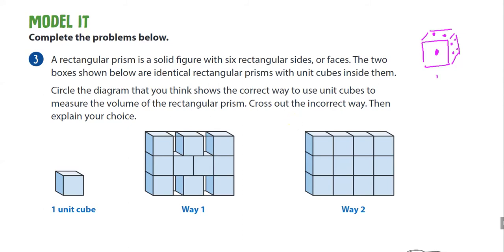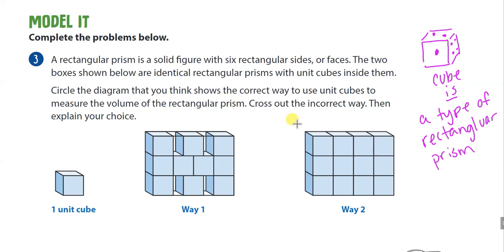So that's a cube is a type of, and yes, you do have to write this down, rectangular prism. It's just like a square is a type of rectangle, a cube is a type of rectangular prism.